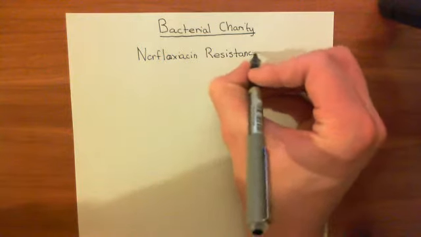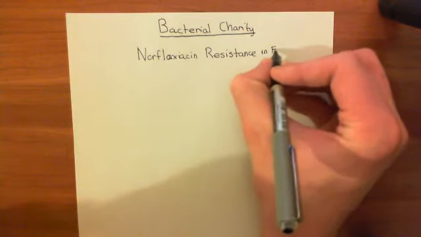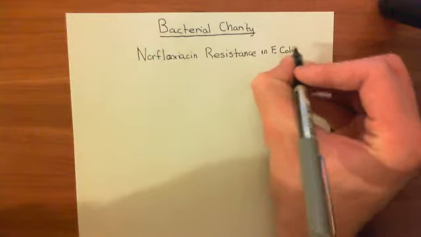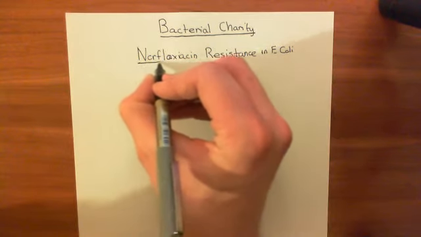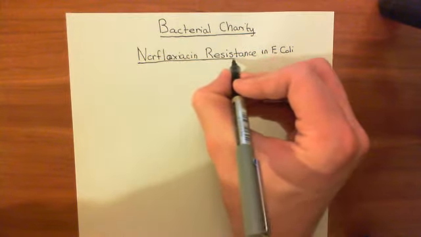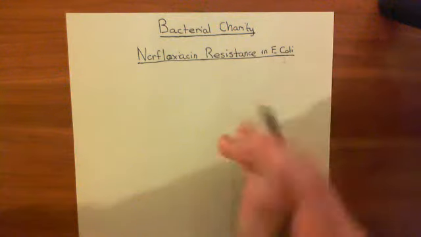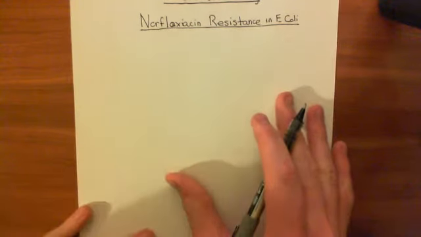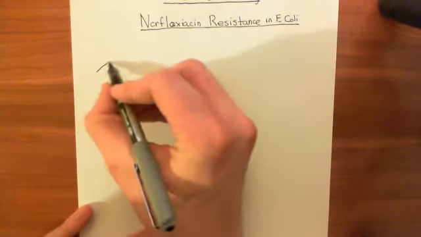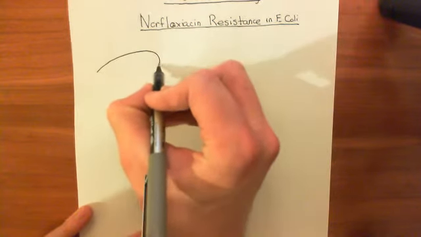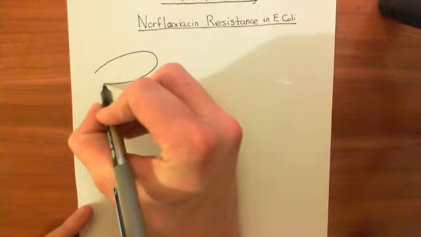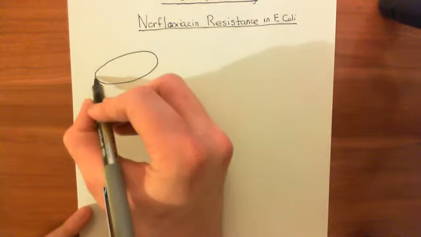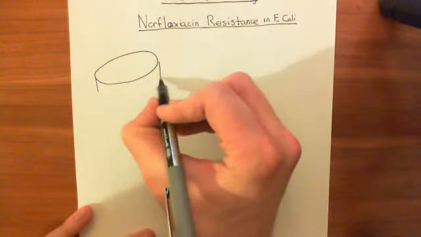I'm going to describe exactly how this works. Let's say we have a colony of Escherichia coli. Here is our colony, and on this plate we have grown some E. coli.